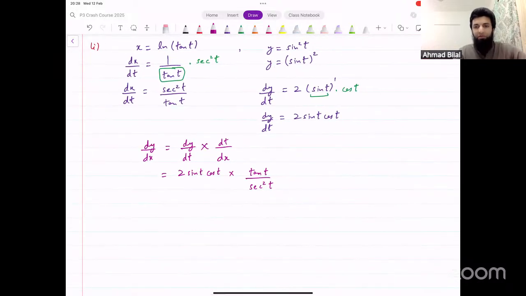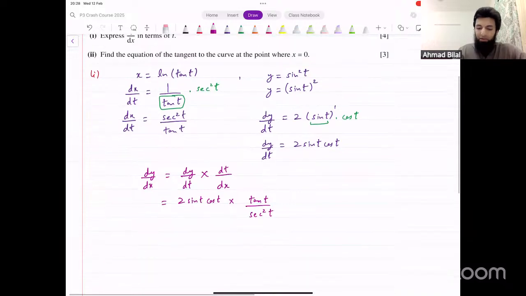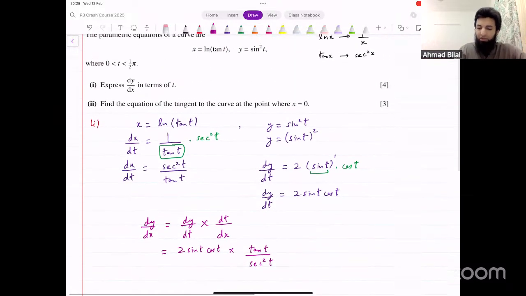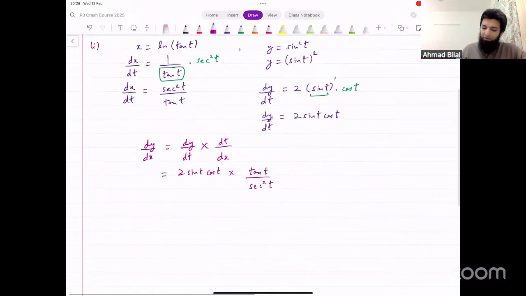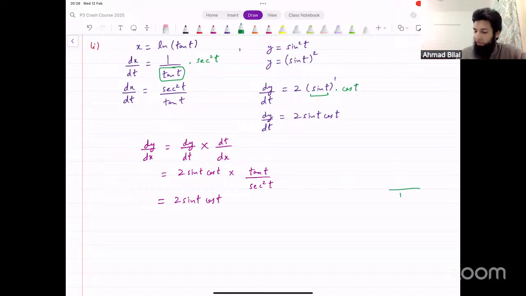This is what we're getting when we find dy over dx using chain rule. Can we simplify this further in any way? Because that might be helpful for the next part if we do that. Let's see if we can simplify this. What is secant squared? Secant is reciprocal of cos. Let me actually do it on the side for you. The denominator has secant square, right? So that will become 1 over cos square.